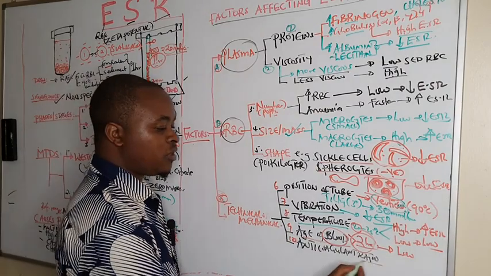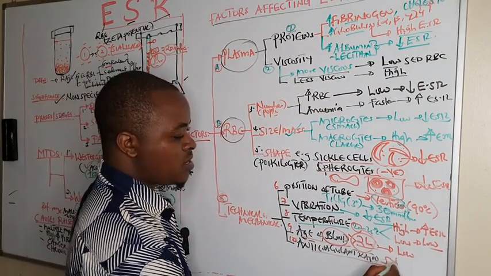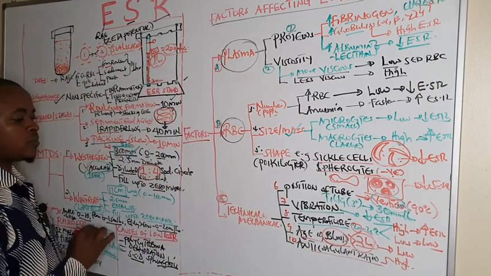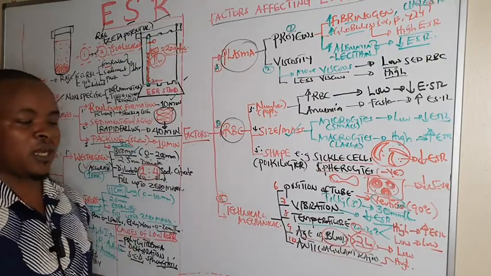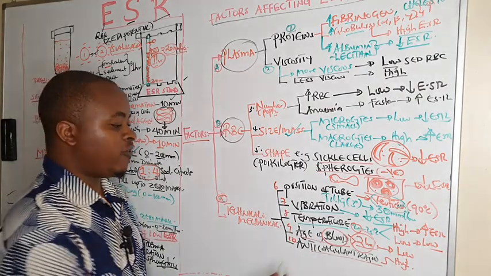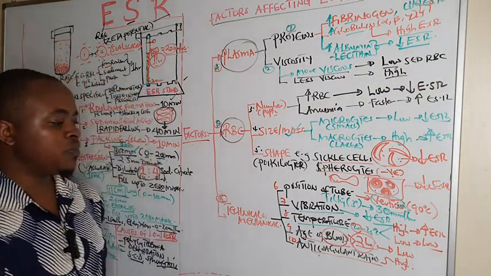Then anticoagulant ratio: the ideal should be 1 to 4. If the ratio is high, it will affect the results of ESR. So these are the factors we can discuss with you.